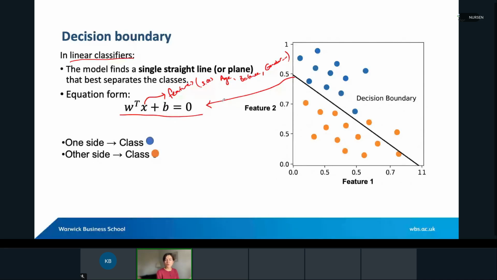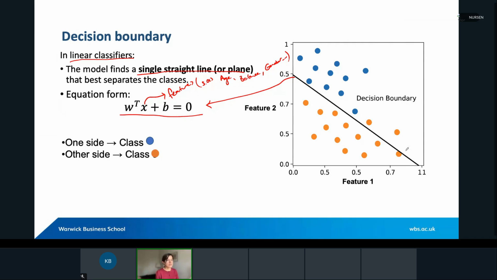We don't need to use all of them. We only use the informative ones, or the ones which help us to make a prediction about the outcome. But the overall idea is to find a straight line or a plane. Since these are linear models, their decision boundary is a line shape, which is a combination of the features from our data set. And we use this decision boundary to make a prediction. So how do we make a prediction?